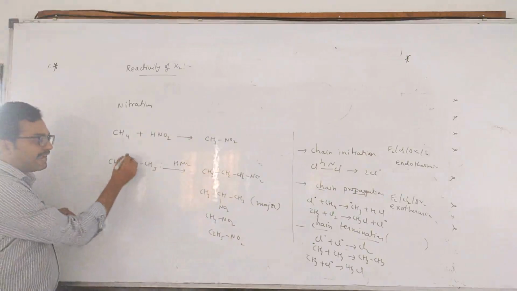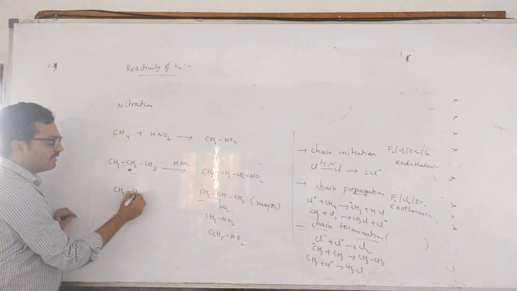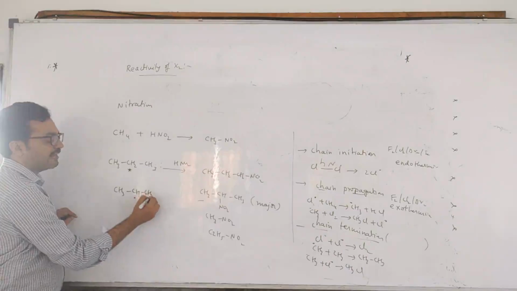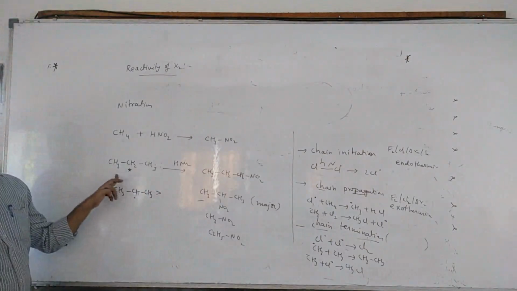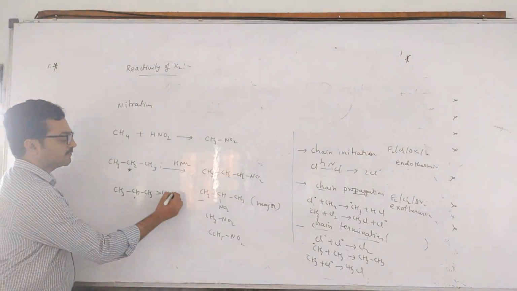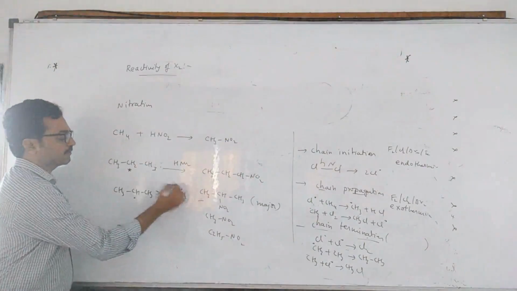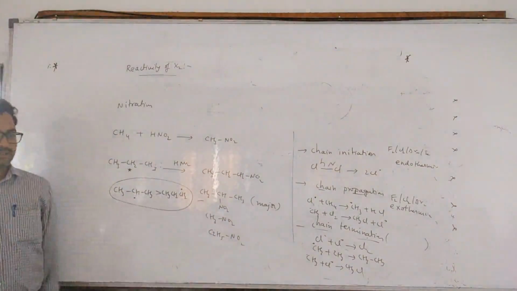Because the secondary radical is more stable. Why major, children? A 2-degree radical is more stable than a 1-degree radical. That is why. 2-degree radical is more stable than 1-degree radical. So 1-degree radical means like this. Because of this, 2-nitropropane is the major one.